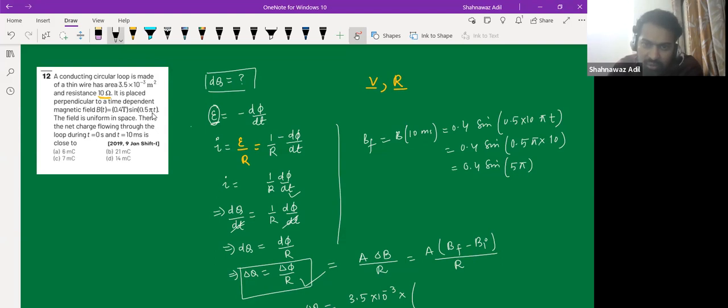We have to write it in the form of 5 by 2.